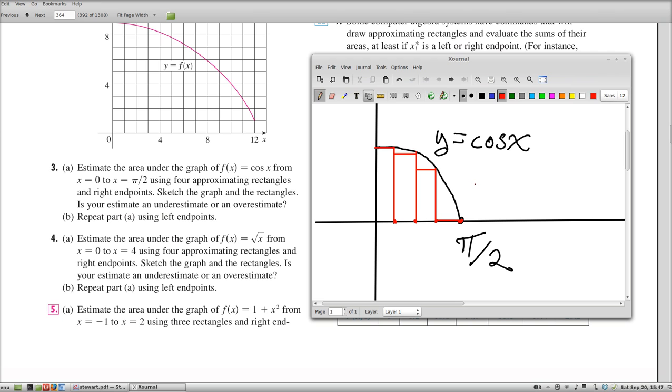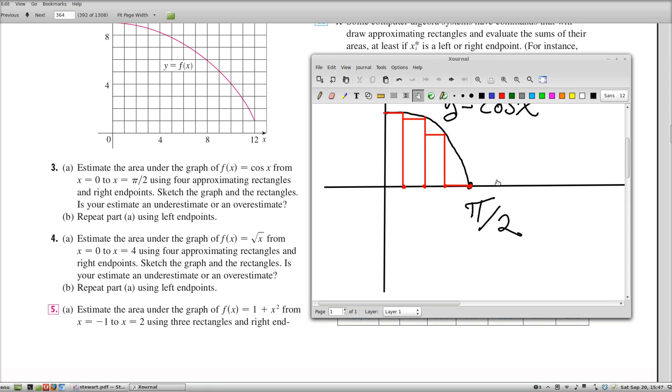Okay, so you don't really need to do the picture to do this problem. You could work it all out symbolically, but this kind of helps us figure out what's going on, and I guess I'm doing a little review of how everything works. So you know the common width that all these things have, that's called delta x, and the formula for delta x is that it's equal to b minus a over n, and n in this case is 4, b in this case is pi over 2.